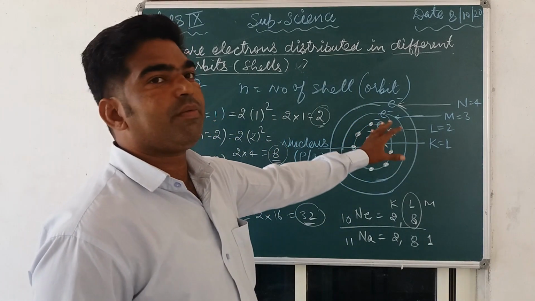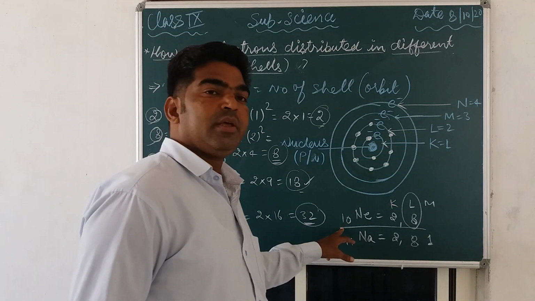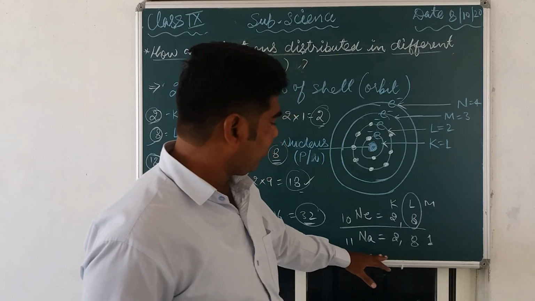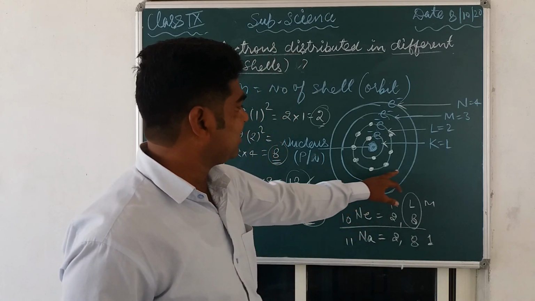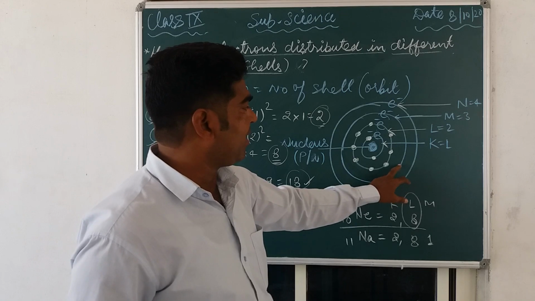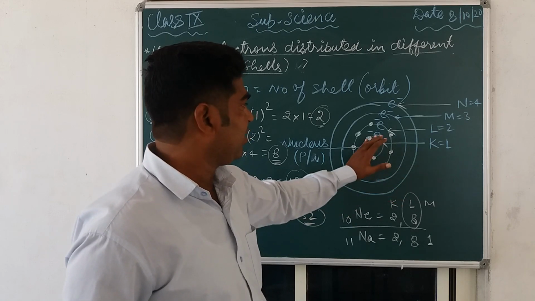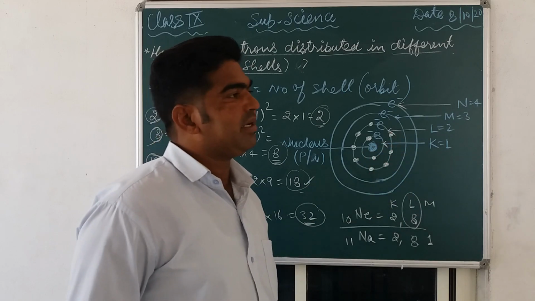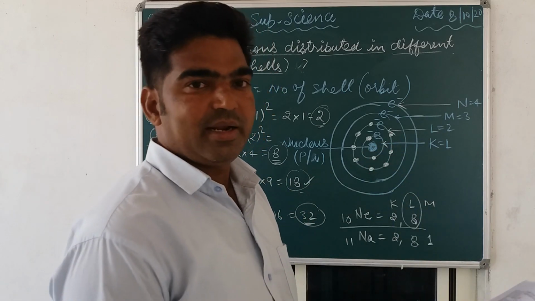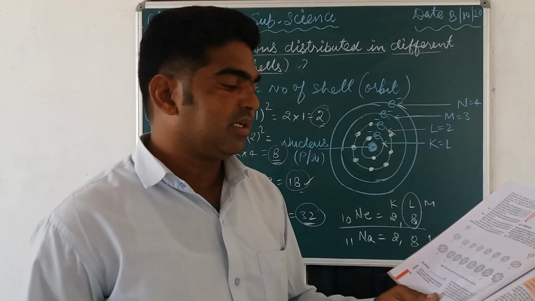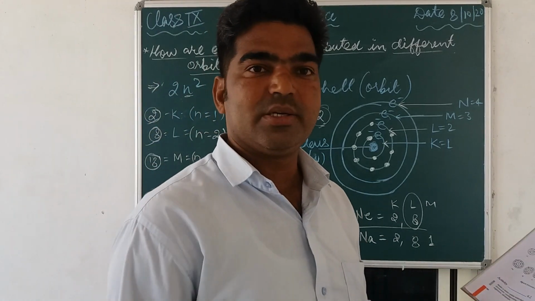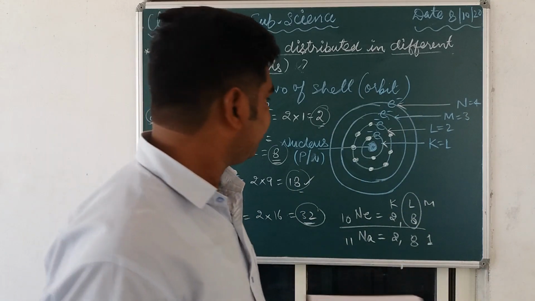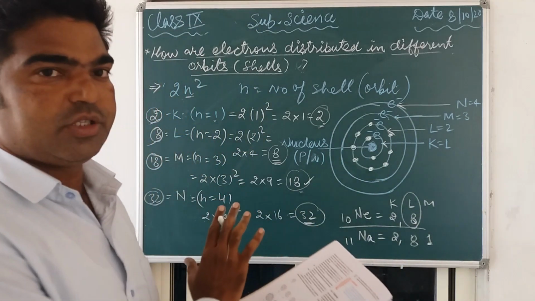So this is the distribution of electrons in the case of neon. In the same way we can write it for sodium. Next you fill 1 electron here, because 2 is done, 8 is done, and then 1 electron. In this way we can write the atomic structure of any element. I hope you understood all these things.